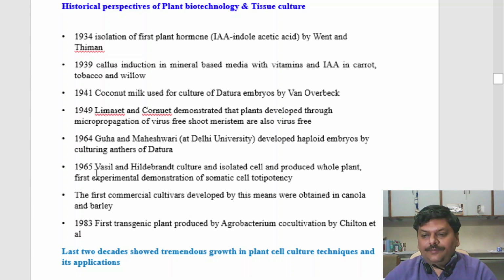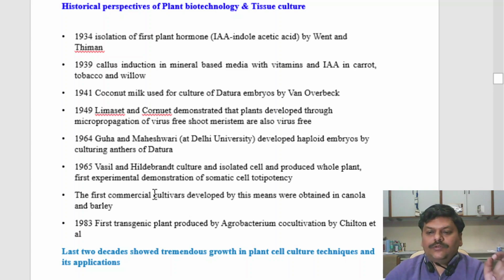Then a development which basically changed everything happened in 1965 when Indra K. Vasil and Hildebrandt cultured and isolated one single cell into a whole plant, and that was the experimental proof of concept of plant cell totipotency.